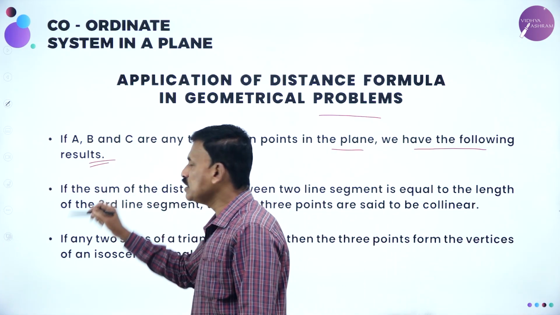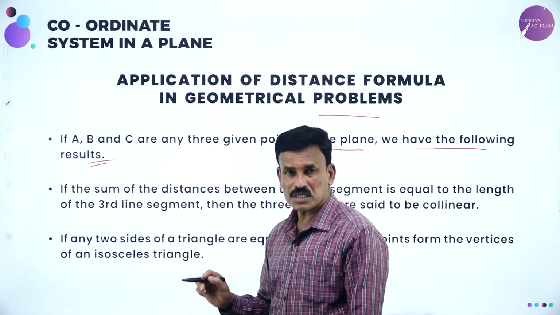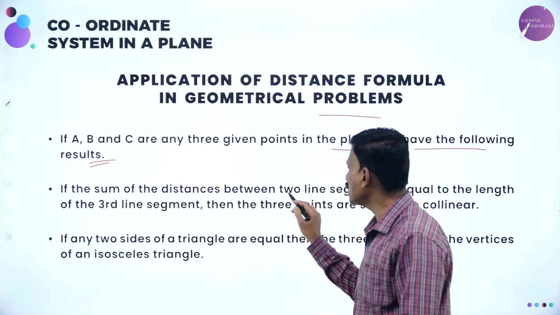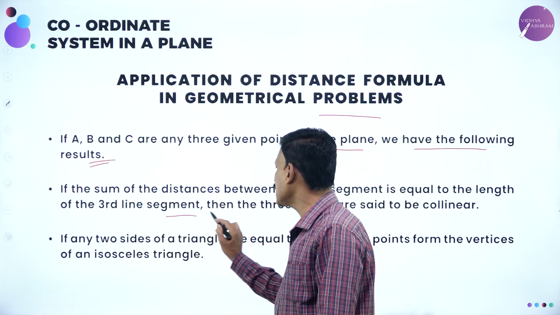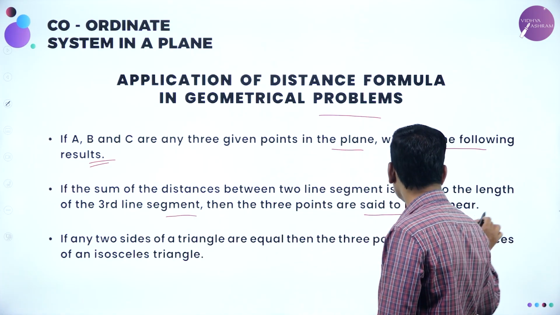For any 3 points, what are the possibilities? If the sum of the distances of 2 line segments is equal to the length of the third line segment, then the 3 points are said to be collinear.